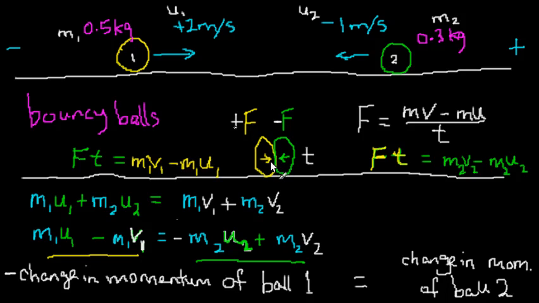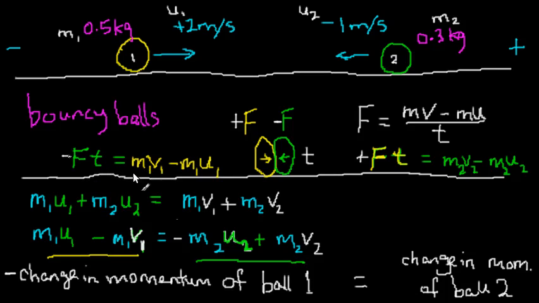So therefore, just to make it more correct, I should have a plus sign here for the force from the yellow ball, and a minus sign here for the force from the green ball. So that's how the signs come about.